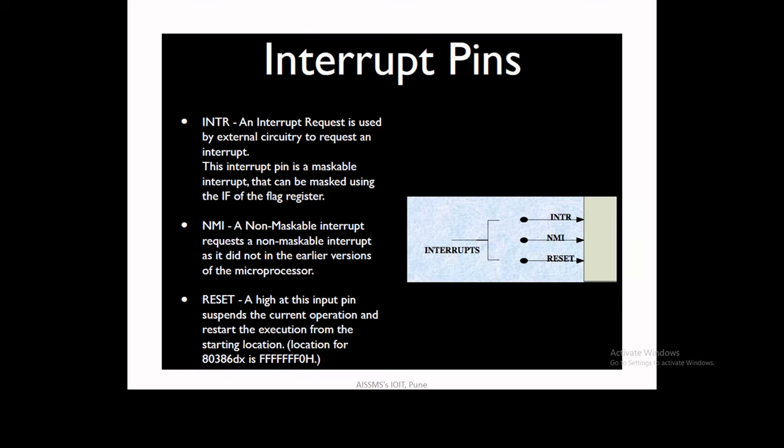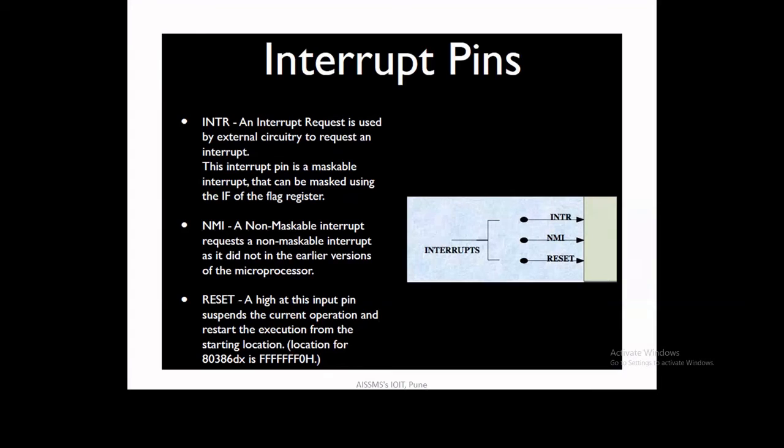Maskable means it can be stopped for the current time, and it can give the processor time afterwards. That is what is given by the INTR pin. Then there is the NMI pin, that is the non-maskable interrupt pin.